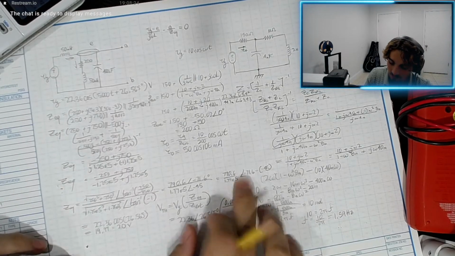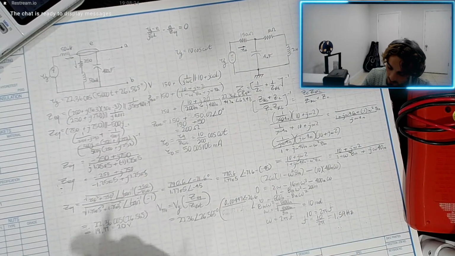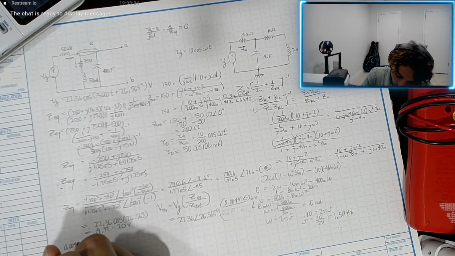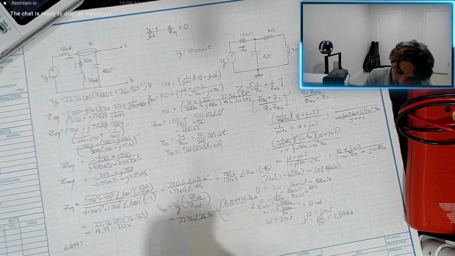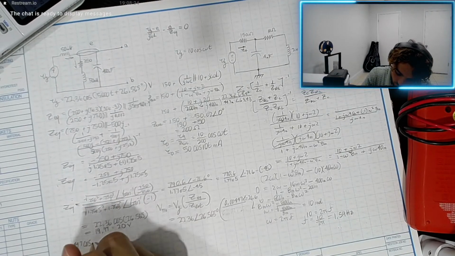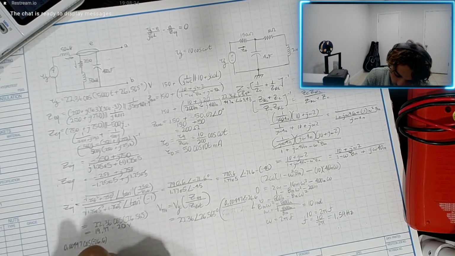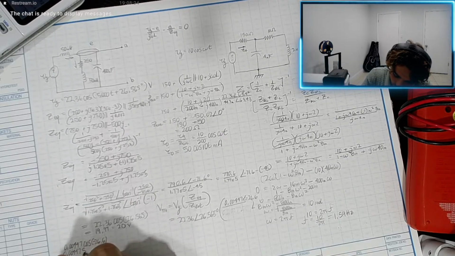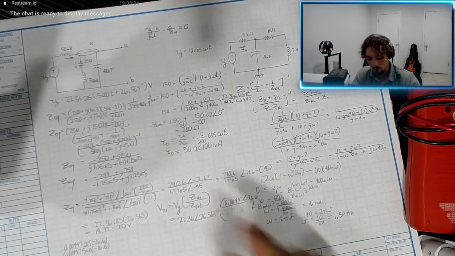We gotta get rectangular coordinates phasor form, which looks like this. 0.00447. There we go, like this.